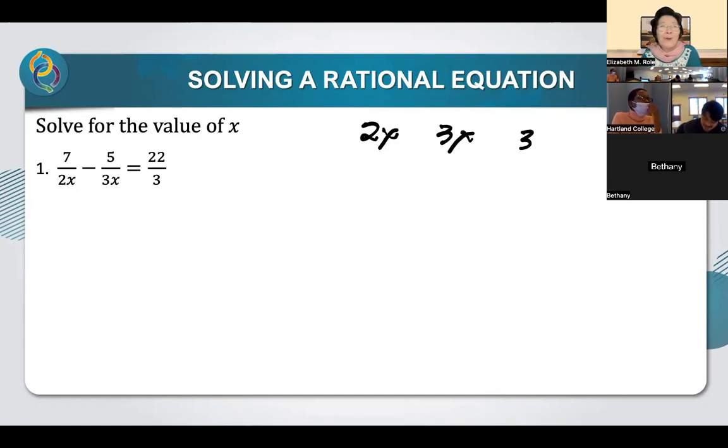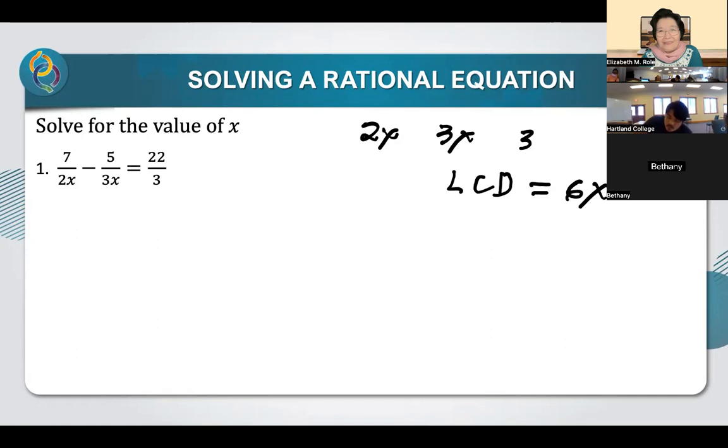No. 6. So you have a 2 and a 3, all right, and an x. What can be divided by 2x, 3x, and 3? 6x. All right. So your LCD will be 6x.